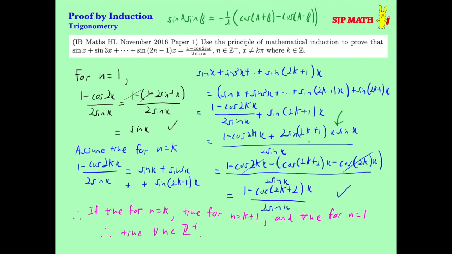If you're experienced with doing a lot of trigonometry problems, then you will straight away recognize that you can convert this into a sum of cosines and then cancel it out.